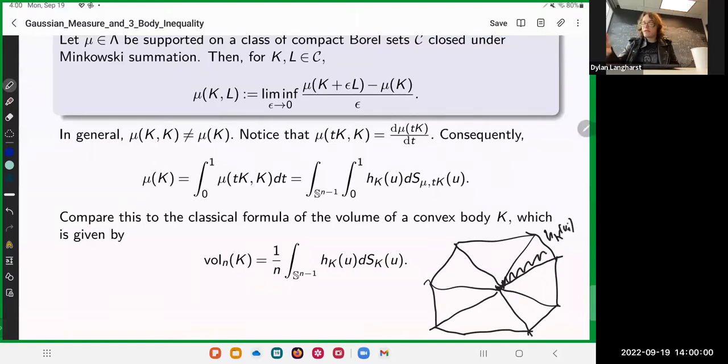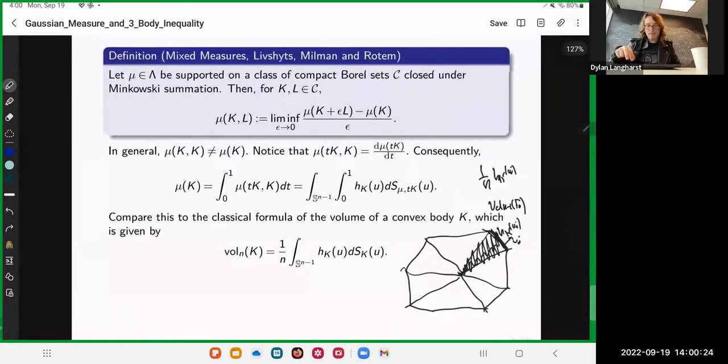So if the polytope is K, this outer unit normal here is u_i. This right here is the volume of F_i. And the whole volume of this cone is 1 over n, height times base, times what's already written. So that's how you prove this formula via polytope approximation.